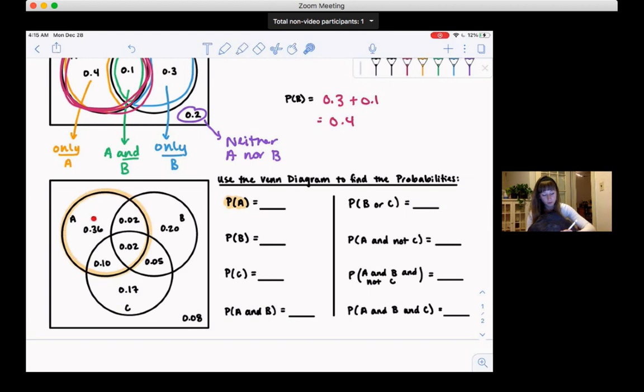We have only A, A and B, A and C, and A, B, and C. All of these sections are where A happens. They're all mutually exclusive, so we can add them up. The probability of A would be 0.36 plus 0.02 plus 0.02 plus 0.10, and if we do that, we get 0.5.